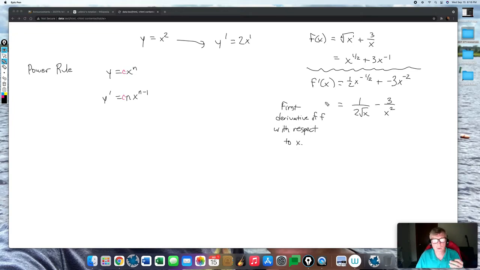You might take the derivative with respect to time, or y or z or some other variable, theta. So it's important to understand what input variable you're working with. In calculus 1 and 2, to be honest, we usually say this is calculus of a single variable; we're doing the derivative with respect to a single variable.